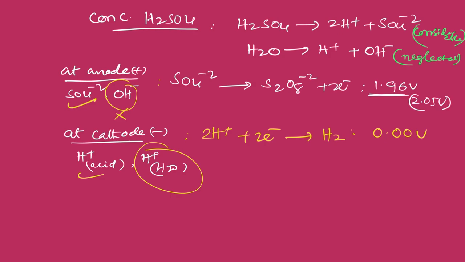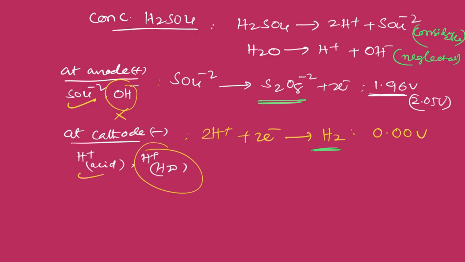Then what are the products? At the anode S2O8, at the cathode H2. So keep in mind this reaction is very important: concentrated H2SO4, dilute H2SO4, very important for PU exam and competitive exams.